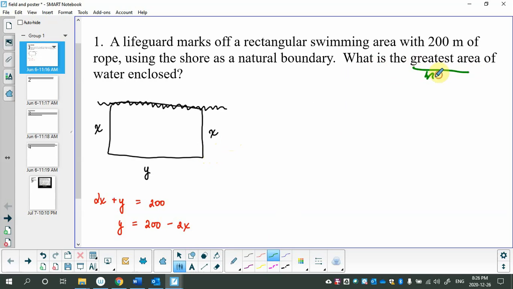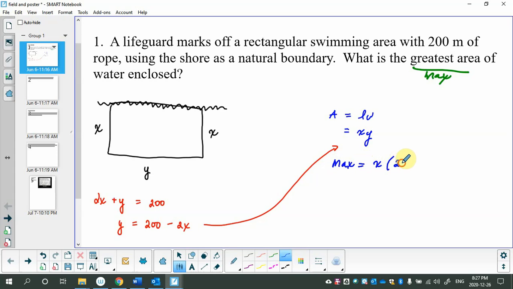So I'm trying to maximize the area. Area for a rectangle, regardless of whether it's missing its fourth side or not, is length times width, so that's x times y. Then I'm going to plug it in and call it max: x times fancy y.